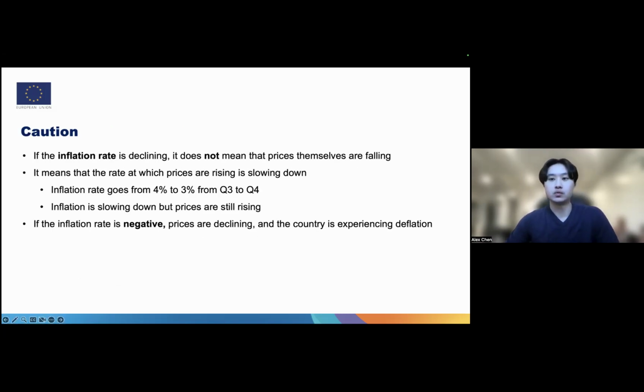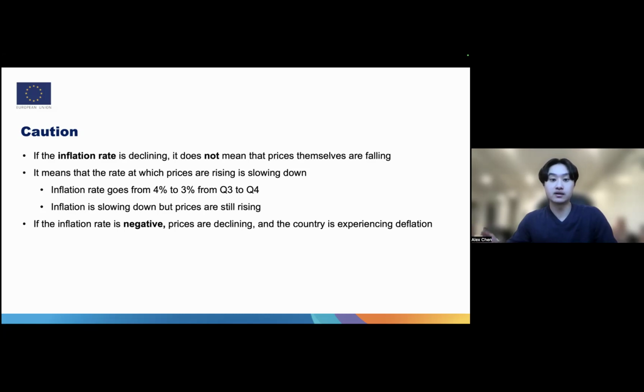And then similar to GDP growth, it's important to be aware that if the inflation rate is declining, it does not mean that prices themselves are falling. It means the rate at which prices are rising is slowing down, right? So say the inflation rate goes from 4% to 3% from quarter 3 to quarter 4. Inflation is slowing down, right?